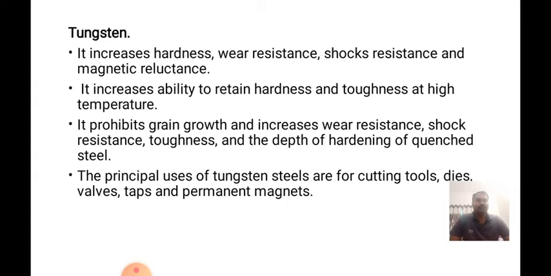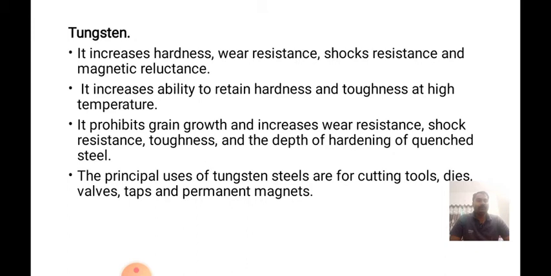It prohibits grain growth and increases wear resistance, shock resistance, toughness, and depth of hardening of quenching steel. Is it? And the hardness of tungsten steel is very high because it is hardened by quenching. The principal uses of tungsten steel are for cutting tools, dies, walls, taps, and permanent magnets.